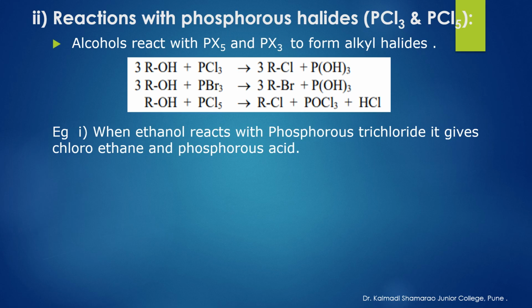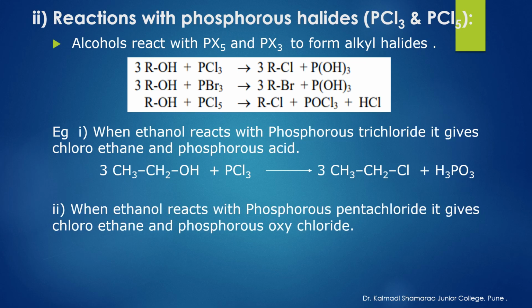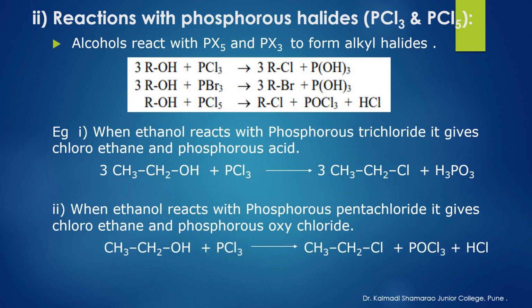Example, first, when ethanol reacts with phosphorus trichloride, it gives chloroethane and phosphorus acid. Reaction. Second, when ethanol reacts with phosphorus pentachloride, it gives chloroethane and phosphorus oxychloride, POCl3. Reaction.